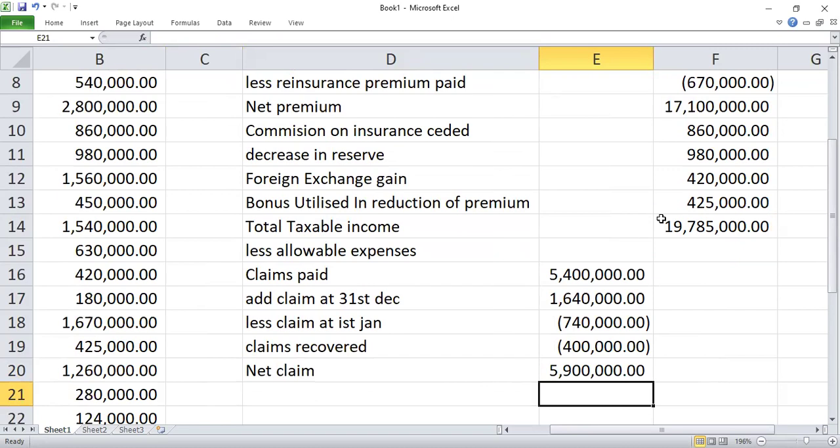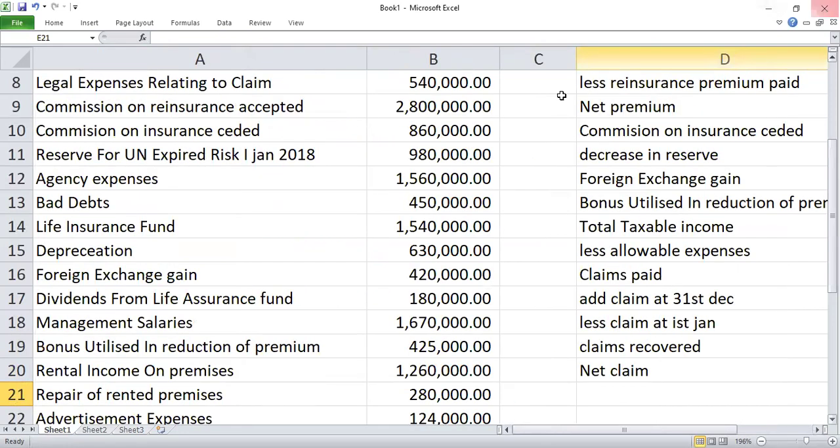Apart from claims, we are going to look for other expenses. We have legal expenses relating to claim.